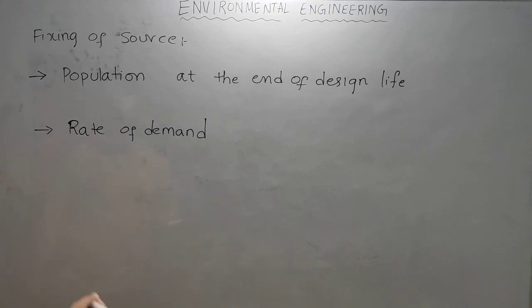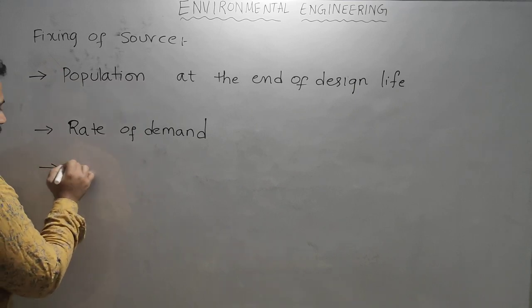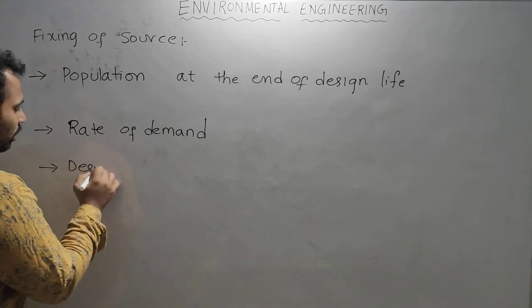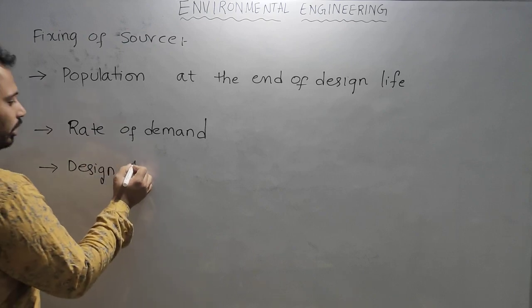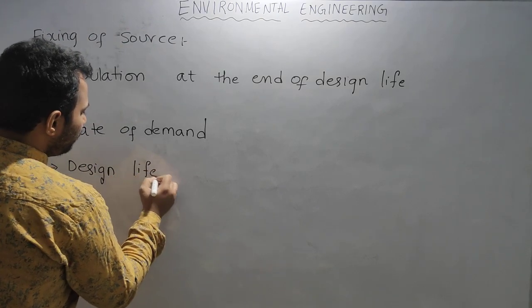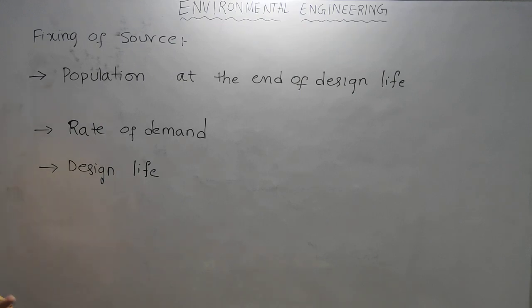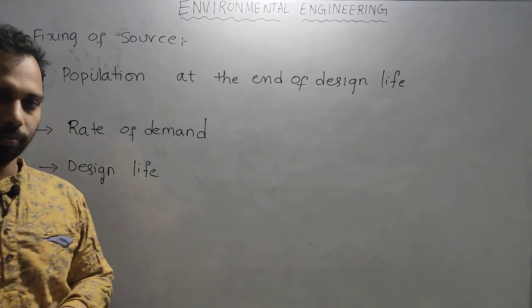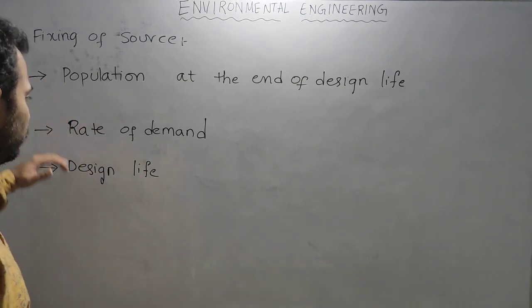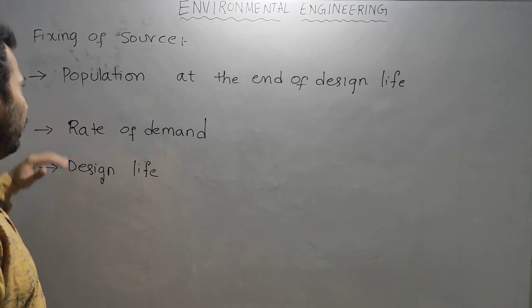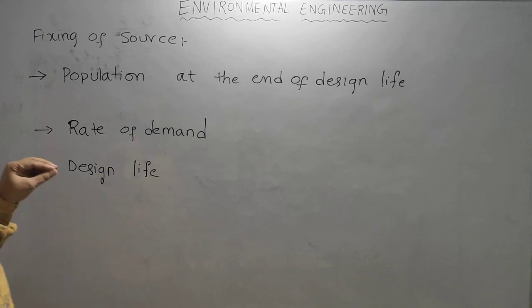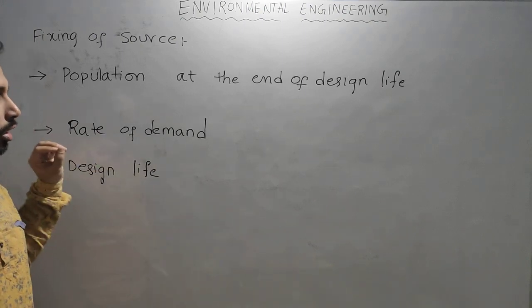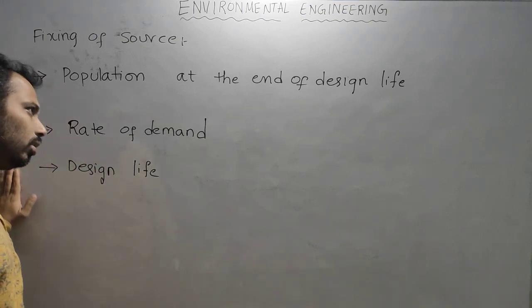And the third one is the design life. We are doing all this exercise by taking design life into consideration. So what are the design lives of various components in the water supply system? These three things will decide the source sufficiency. Whether the source is sufficient or not will be understood by these three concepts.